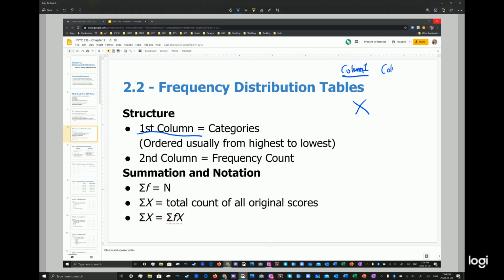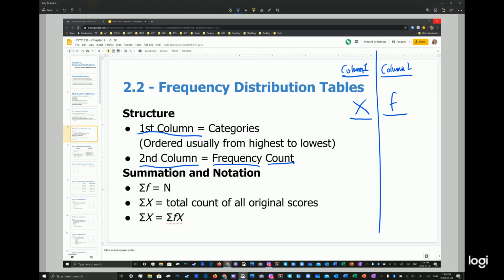And then column 2, you would have the frequency count. Think score count. Okay? So you have X and F, and we'll talk about how to order the categories in a minute. And then we have notations for adding up the scores. That is also not only adding up the categories, but we also actually count all the scores.